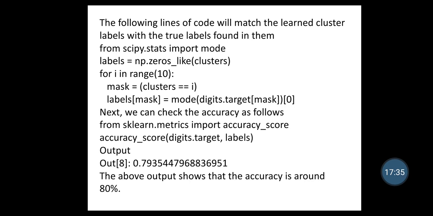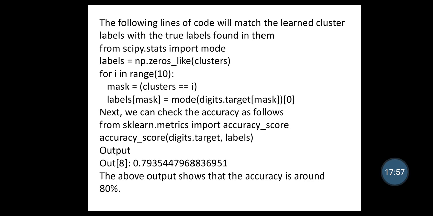So I'm defining a variable labels equal to np.zeros_like(clusters), and a for loop for i in range(10), and mask is equal to clusters equal to i, and labels[mask] is equal to mode(digits.target[mask])[0].